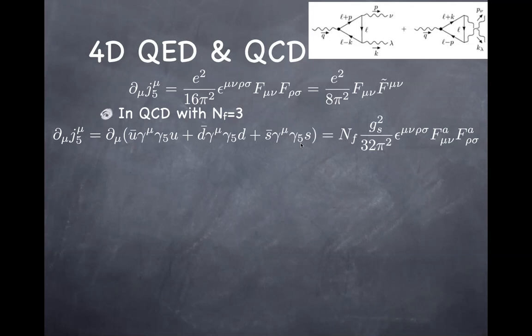But as we said over and over again, quantum mechanically there's this anomaly so that this current is no longer conserved. The amount of non-conservation is given by this expression, where F mu nu A is the gluon field strength. And it's multiplied by N_F, which is 3 in this case, because you have to add 3 triangle diagrams on top of each other. So that's why there is no U(3)×U(3) symmetry in this theory.